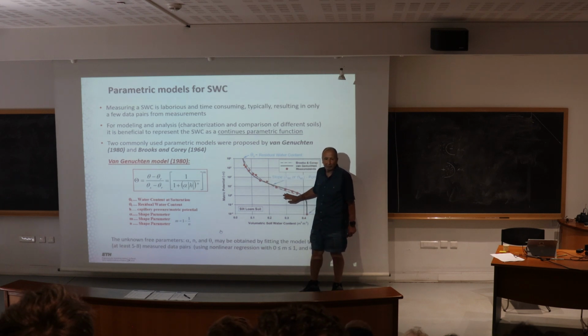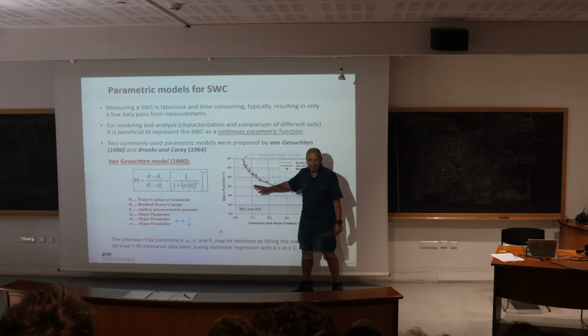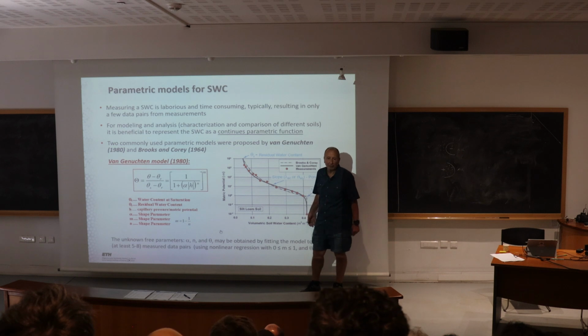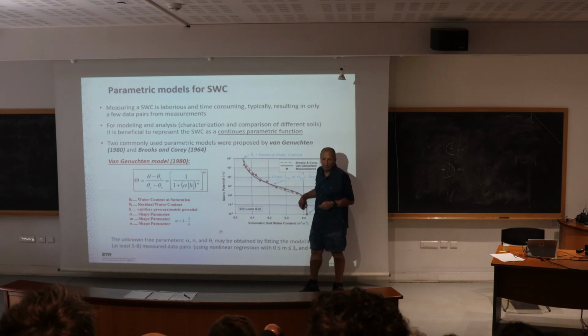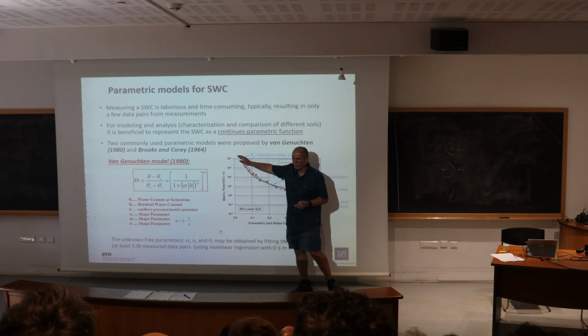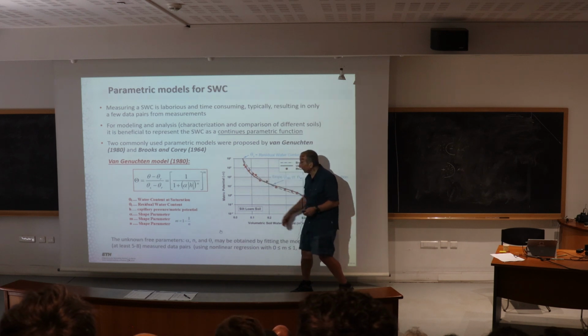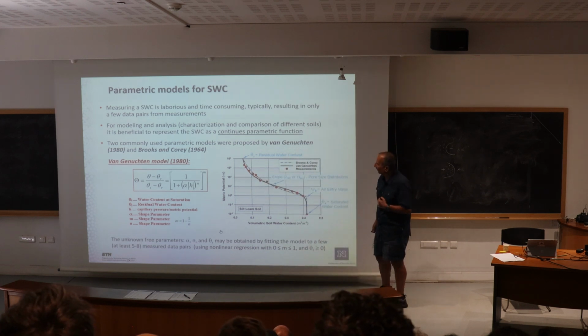So we don't typically have a lot of data points, whereas our models require derivatives and continuity and so on. So this is a place where parametric models like this one fit into the picture. We take a few data points, we fit the parametric model, and from then on, we understand that soil, at least our model understands that soil, through the parameters of this characteristic curve.